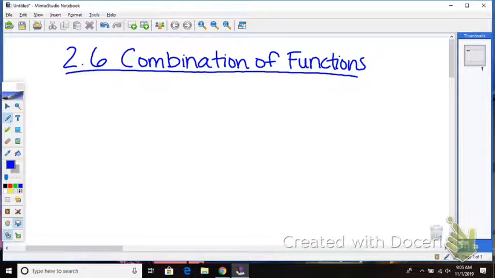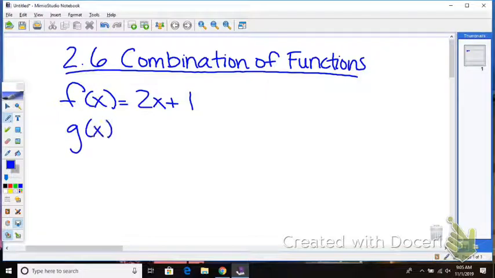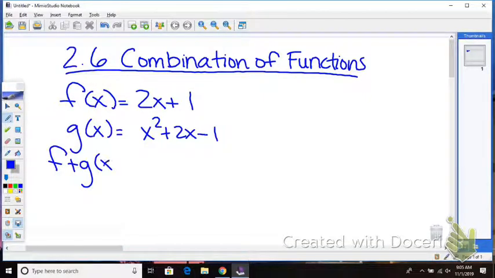So if I give you f of x is equal to 2x plus 1, and then g of x is equal to x squared plus 2x minus 1. And then I tell you this, find f plus g of x.